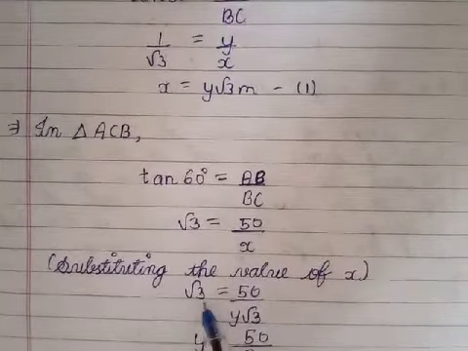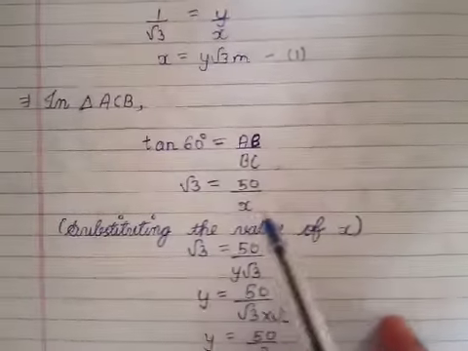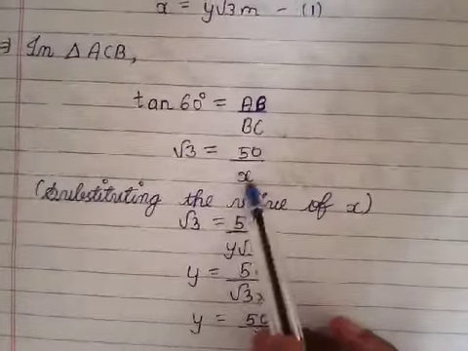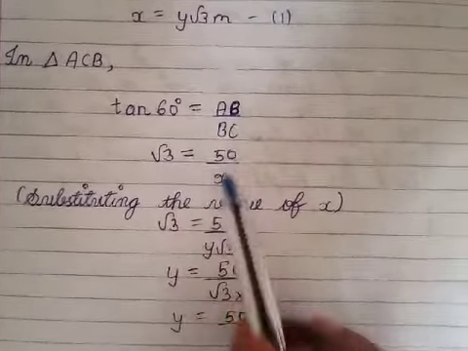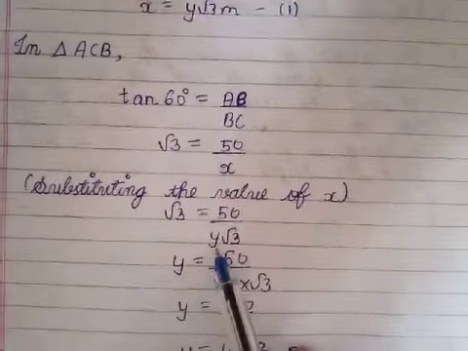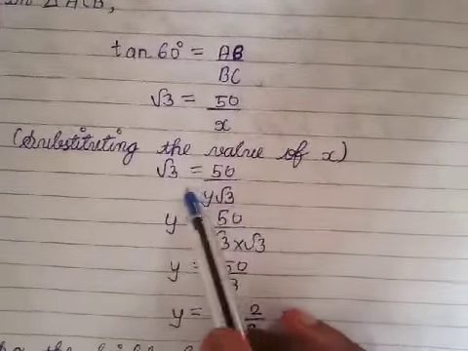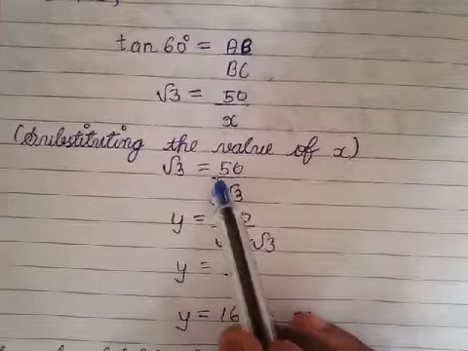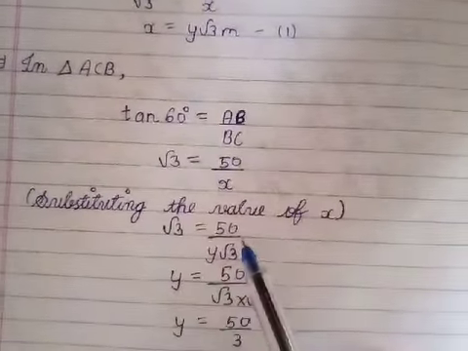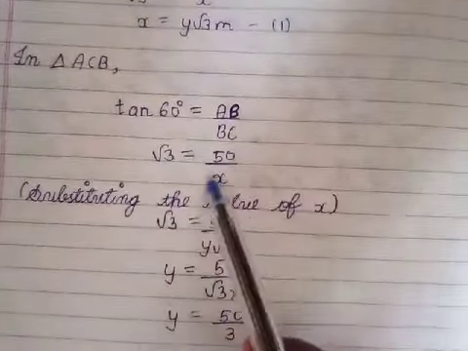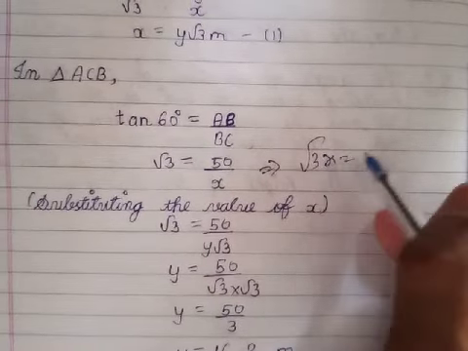If you cross multiply, you will get root 3 x is equal to 50. Okay, understand? Write it like this, root 3x is equal to 50.